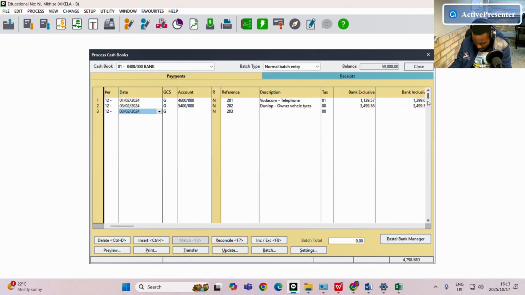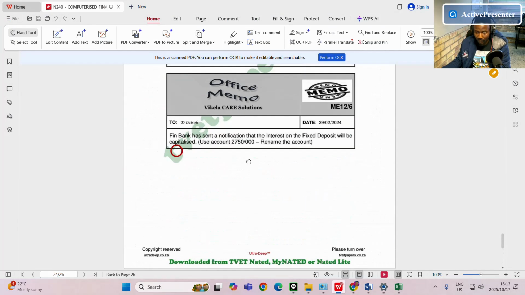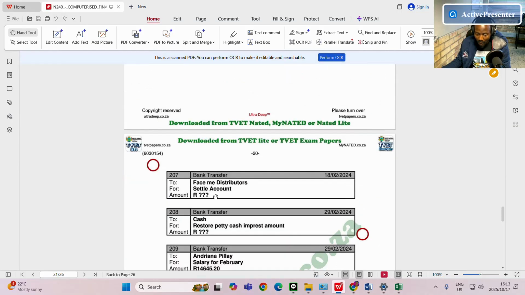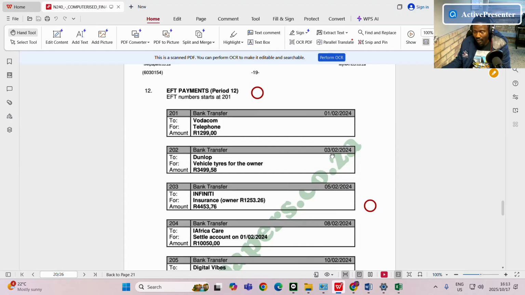Next is a payment to Infinity. It says insurance. Let me just check the transaction quickly. It happened on the 5th to Infinity Insurance and says owner 1,253.26.